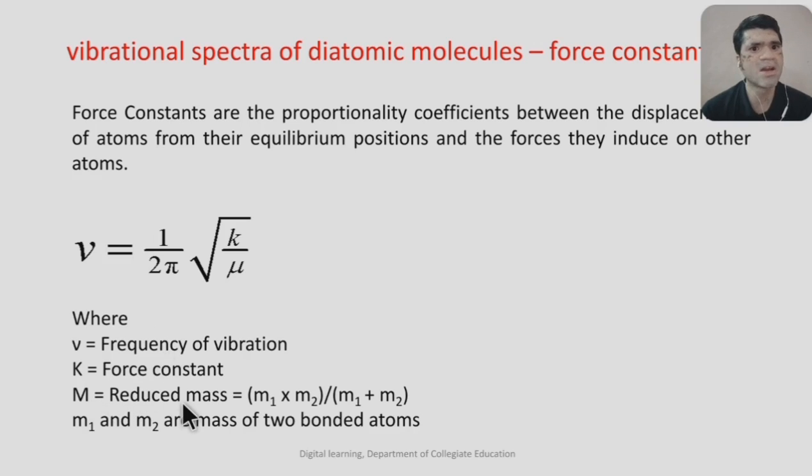Here m is the reduced mass. Reduced mass is given by m1 times m2 divided by m1 plus m2, where m1 and m2 are the masses of the two bonded atoms. So, in simple terms, we can say that the force constant is a measure of the strength of the bond.